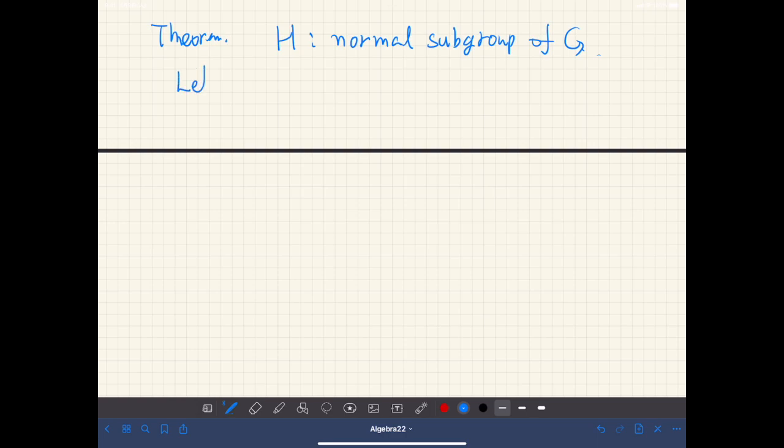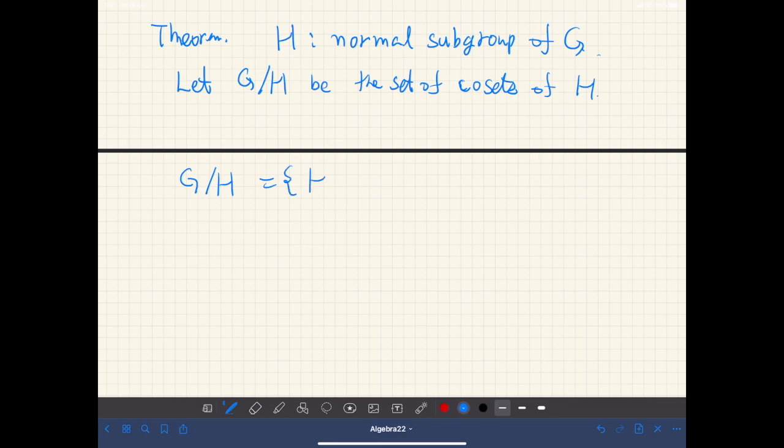And let G by H be the set of all cosets of H. So that means the elements of G by H are something like this: Ha, where a is an element of G. Of course, some of them are equal and some of them are disjoint with others, so there may not be as many elements as G in this set.